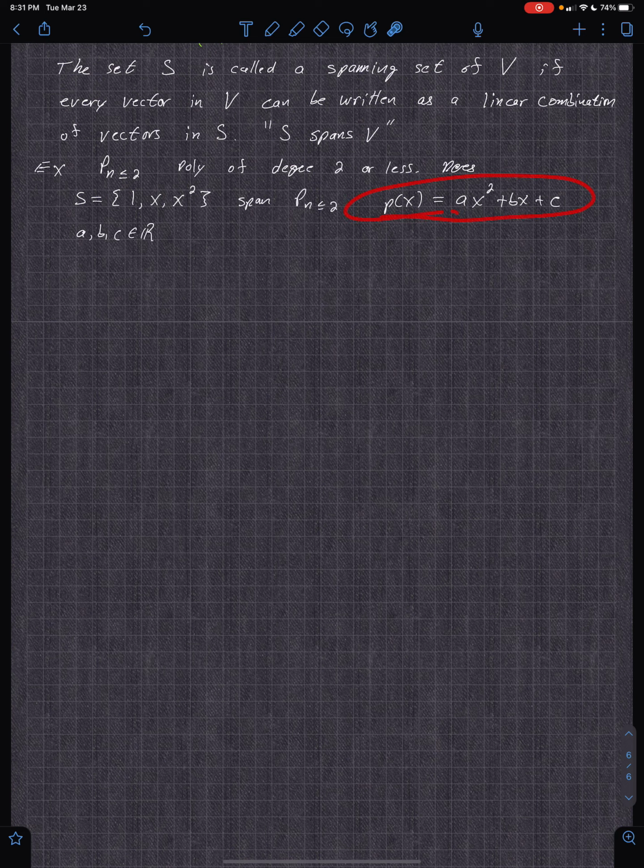That's essentially how you define that set. And so that is exactly a linear combination of the vectors in S. So of course, yes, it does work. So S is a spanning set. And you can literally put any coefficients in here and it would still span the set. It just wouldn't be the standard set.